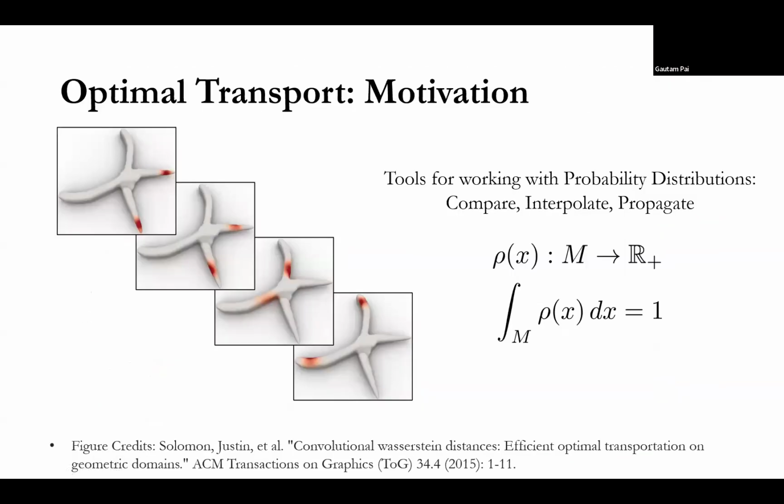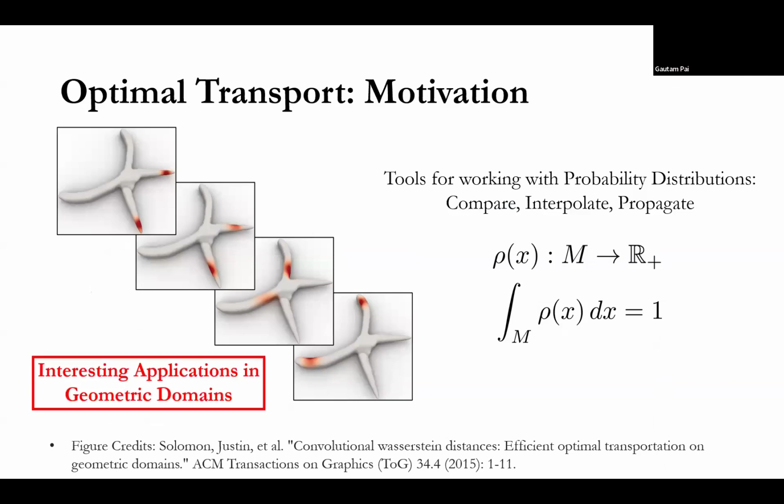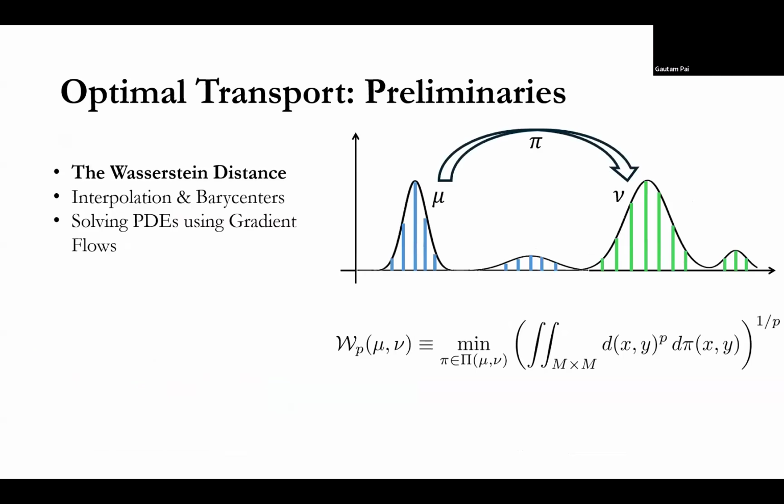All right. So given this introduction to SE2, I'd like to say very basic things about optimal transport. Generally, it gives you a set of tools for working with probability distributions, so one would like to compare, interpolate, propagate, etc. It's interesting to apply these tools in geometric domains, like the Lie group of interest here.